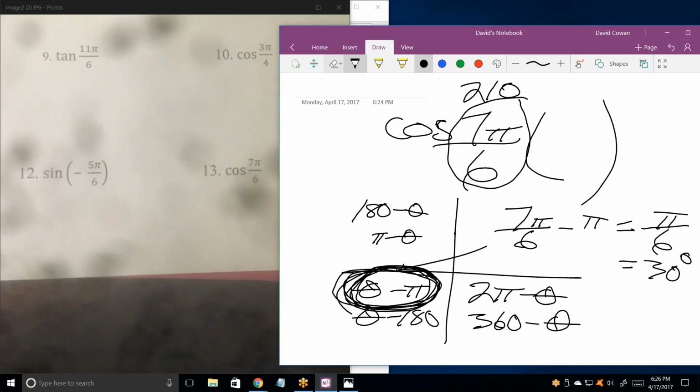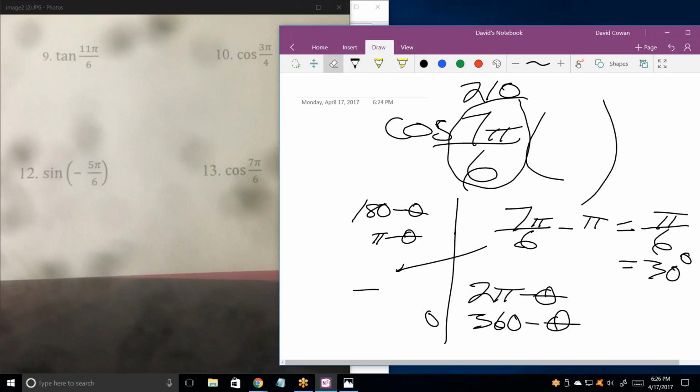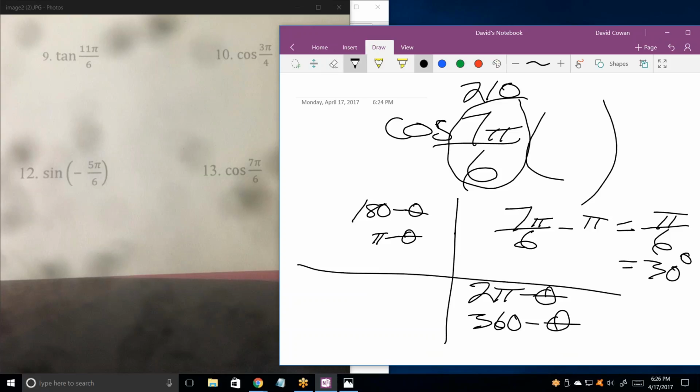What's the reference angle for 210? The reference angle for 210 is 60 degrees. No, it isn't. It's 30. It's theta minus 180. In other words, if I draw the 210 degree angle, it goes to 180, then it goes 30 degrees further.